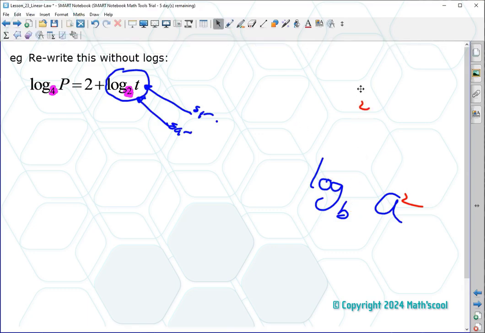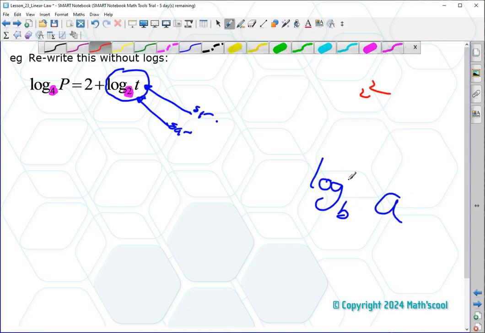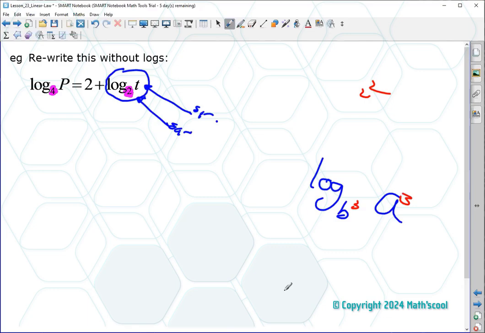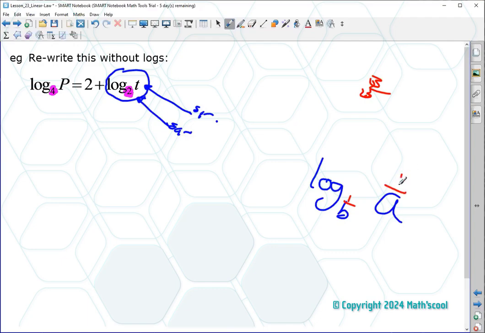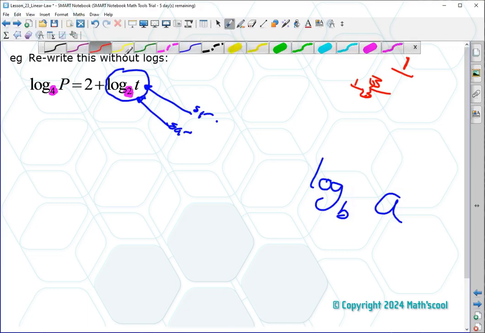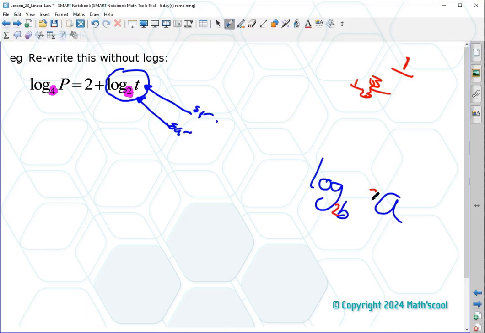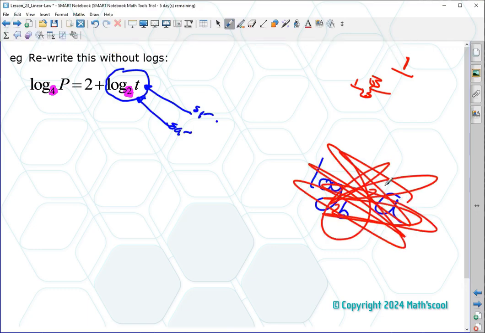If you cube them both, it'll be the same. So we'd square the t and the log to the base 2. If you decide to reciprocal them both, it'll be the same. If you decide to times them both by 2, it won't be the same anymore. Now you've destroyed it.